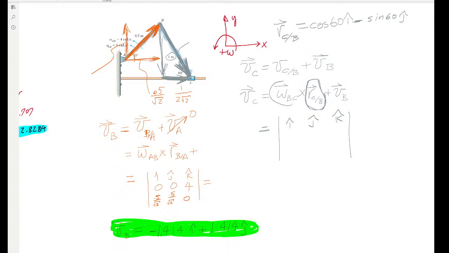Now, I don't know its direction, but if I assume it always to be positive, which in this case is best to do because now you're dealing with a mathematical situation. And here you get cosine 60 and minus sine 60 and then 0.